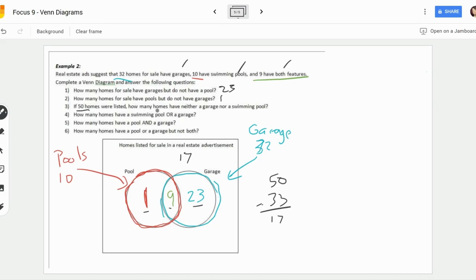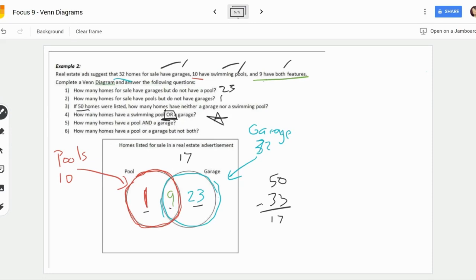How many homes have a swimming pool or a garage? And this is the magic question, because we want to say a pool or garage. 10 and 32, right? They have garages, they have swimming pools. The problem is we counted 9 twice if we did it that way. The reason we set up the Venn diagrams is to be able to answer this tricky OR question.